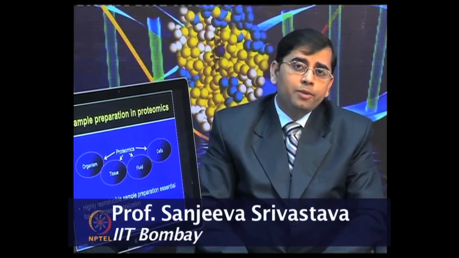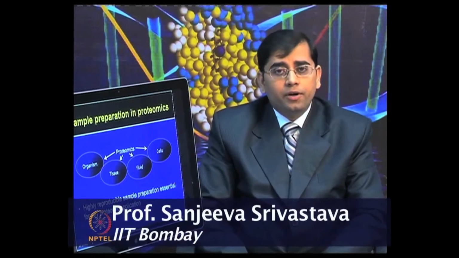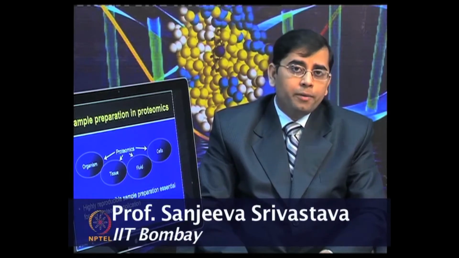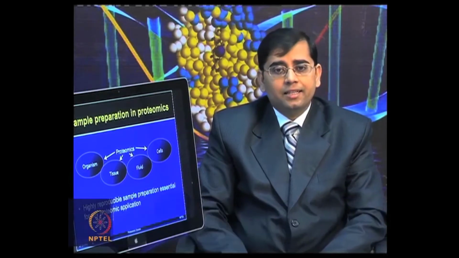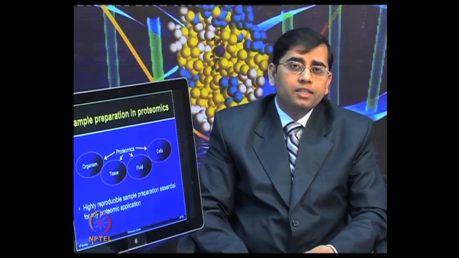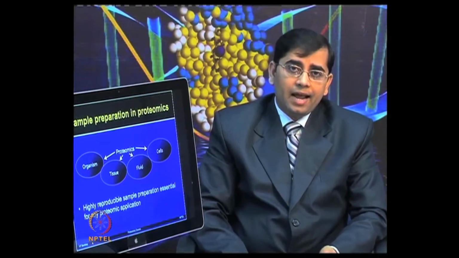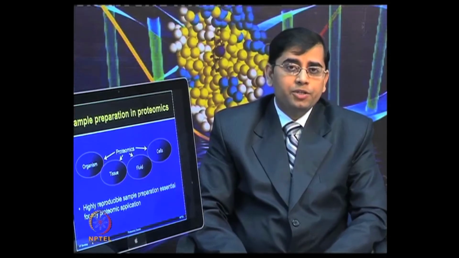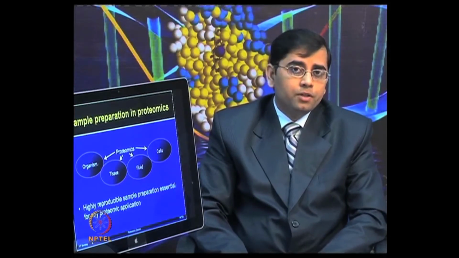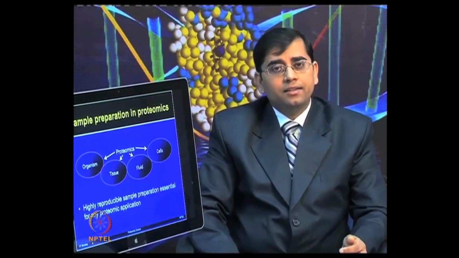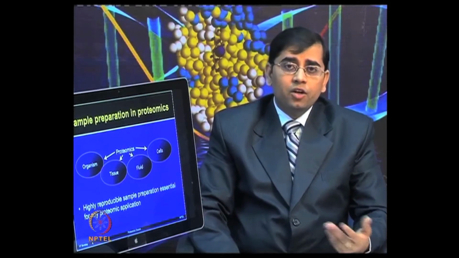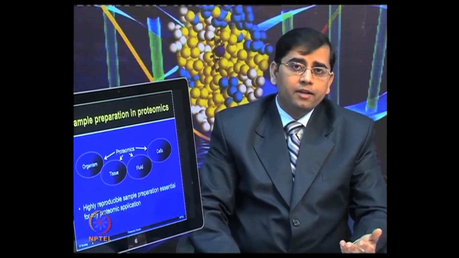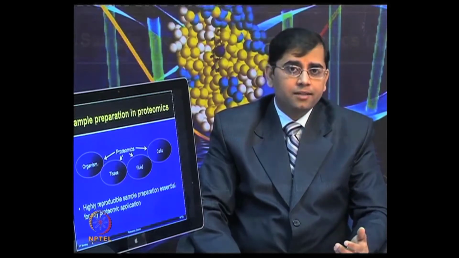So, highly reproducible samples are very important for performing comparative proteomic analysis. If you want to know the difference in your sample as compared to the controls, you need to ensure that your sample preparation is very reproducible. If you introduce some artifacts to begin with, then obviously you are not going to identify the reproducible biological changes.